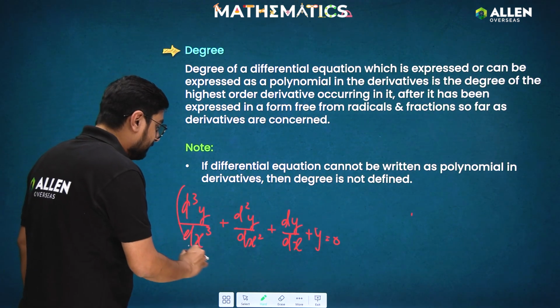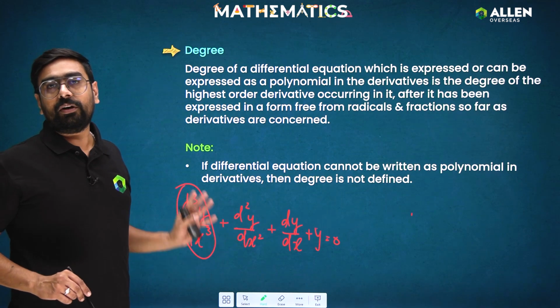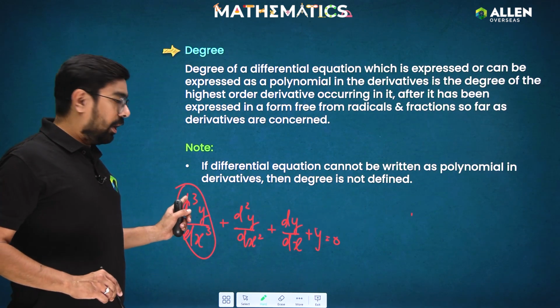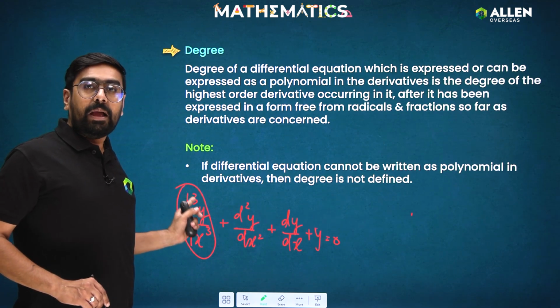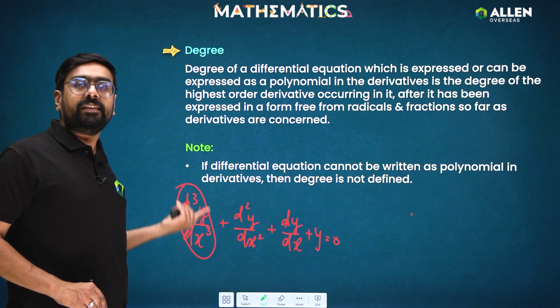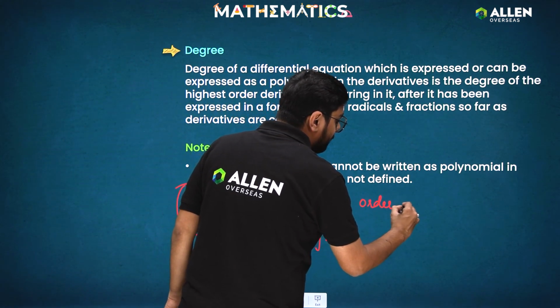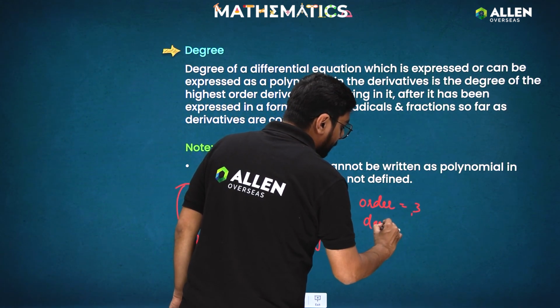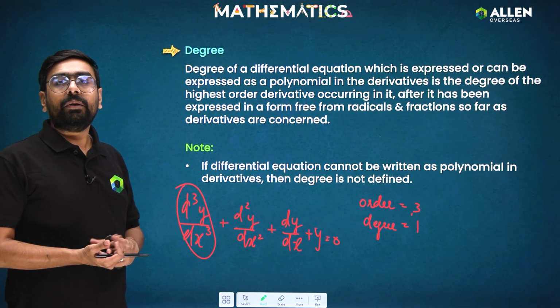The highest order derivative is this, and the degree over here is 1. The order is 3, since the highest differential coefficient is of order 3, and the degree is the degree of this particular term. So here the order is 3 and the degree is 1.